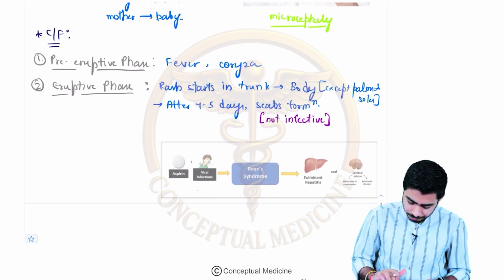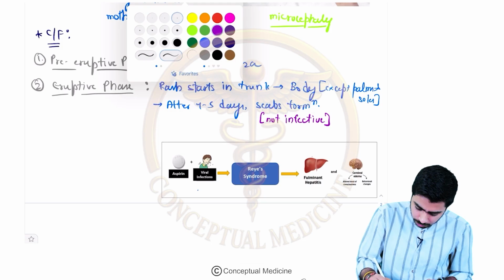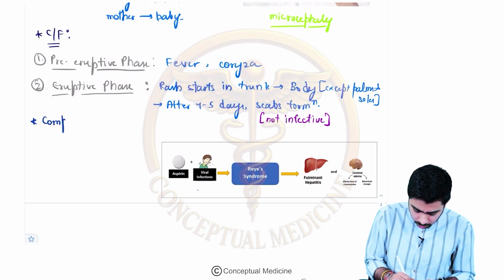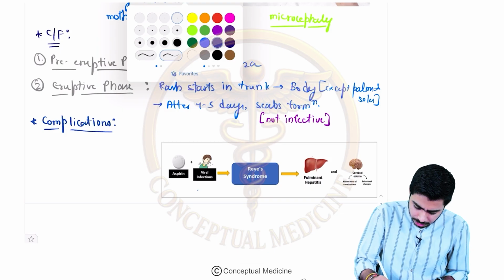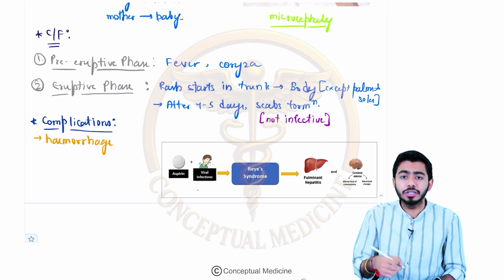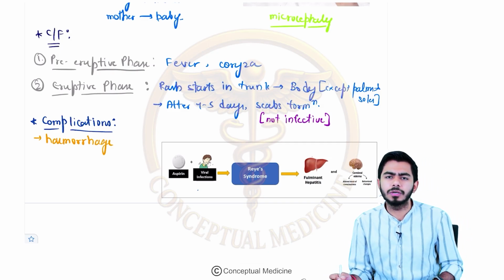If you talk about the complications over here, usually there are not many complications, but in some serious patients you might see hemorrhages. If in some patient pneumonia is already there, that pneumonia might become very severe, okay.